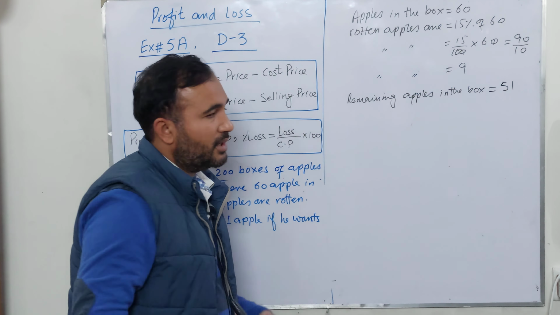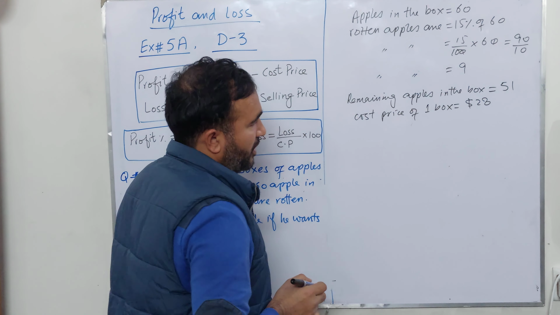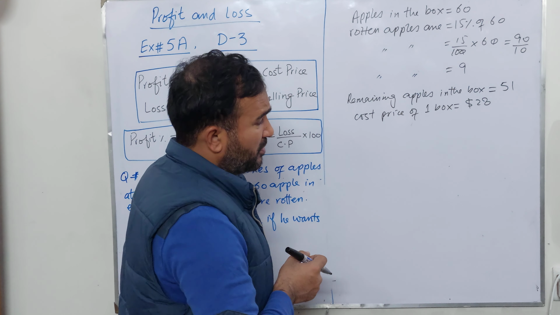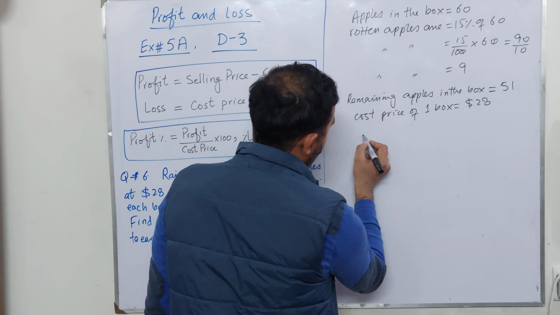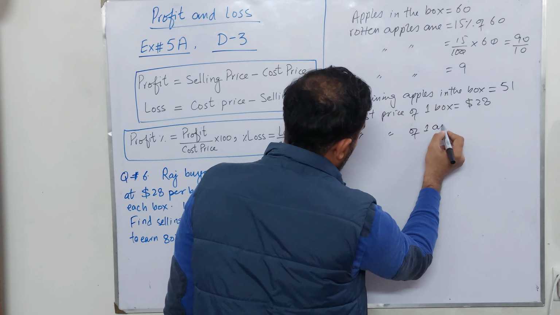Okay, so cost price of one box is $28, right? So we need to find cost price of one apple.